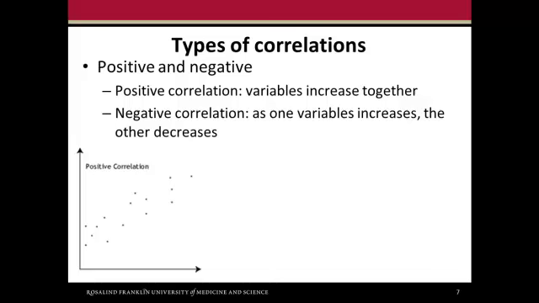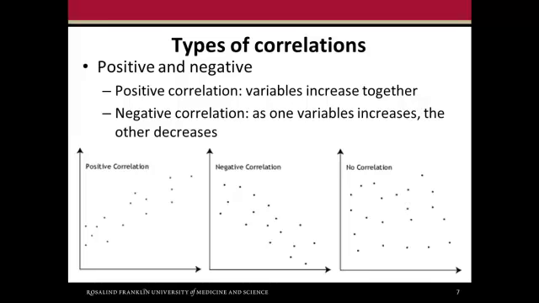If we have a positive correlation, it'll look like the plot here. We have our x-axis and our y-axis, and in a positive correlation, the variables are increasing together. So as x gets larger values, y is also obtaining larger values. A negative correlation is where we would have an increase in x and a decrease in our value of y. Or we can have a scenario where we have no correlation at all.